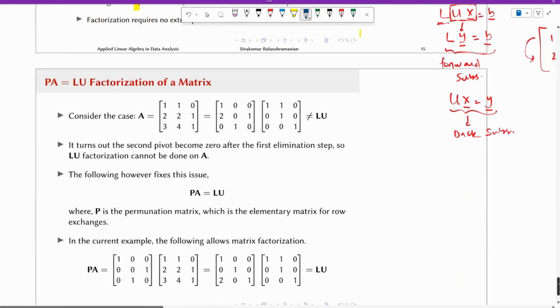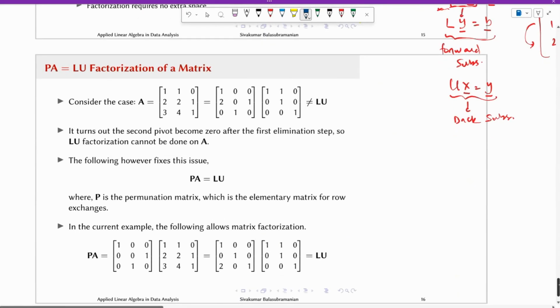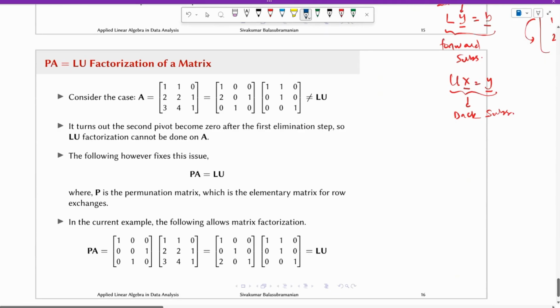Okay. The last thing we'll see is when we don't have an LU decomposition, even though A is full rank and square. I want you to do this by yourself. Find the LU decomposition of this matrix.